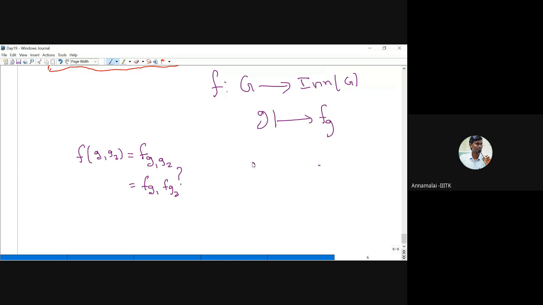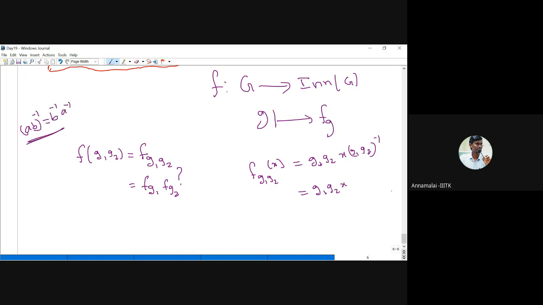So we start with this f suffix g1 g2 at a point x. Now by the definition of the function, this is g1 g2 x (g1 g2) inverse. Now we know that (ab) whole inverse is nothing but b inverse a inverse in group theory, the reverse order.